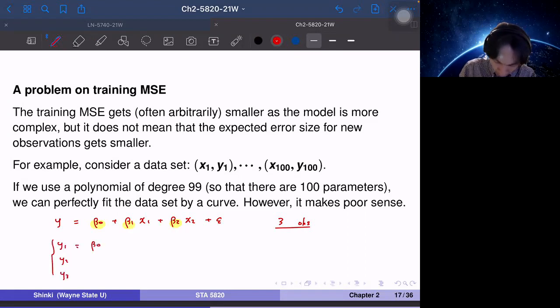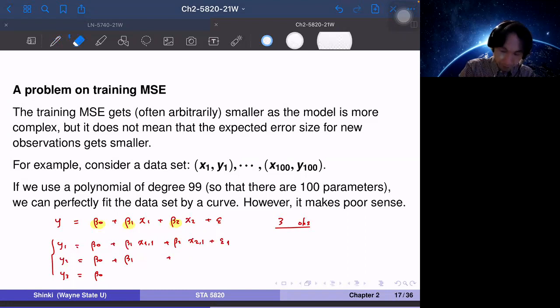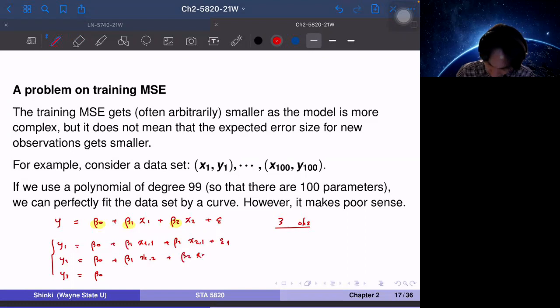Then y1 equals beta naught plus beta 1 x11 plus beta 2 x21 plus epsilon 1, and y2 equals beta naught plus beta 1 x12 plus beta 2 x22 plus epsilon 2, and y3 equals beta naught plus beta 1 x13 plus beta 2 x23 plus epsilon 3.